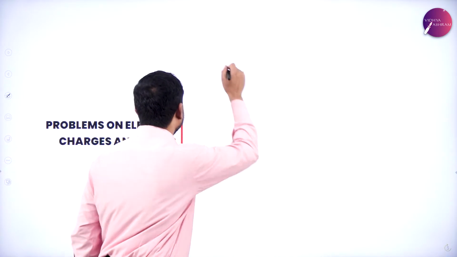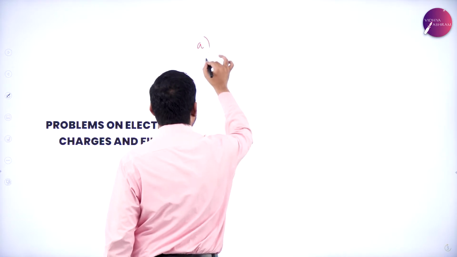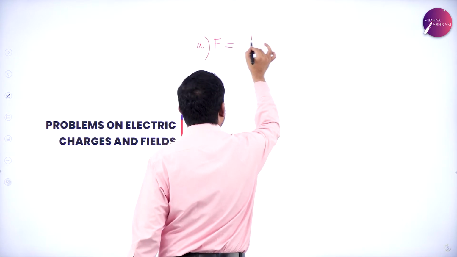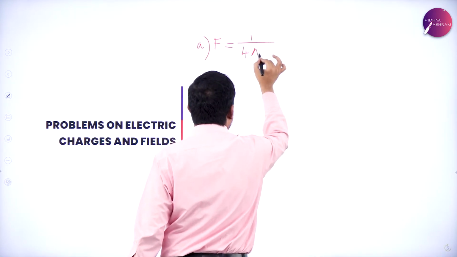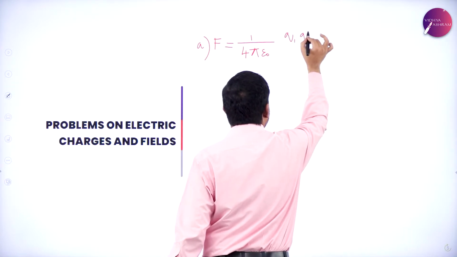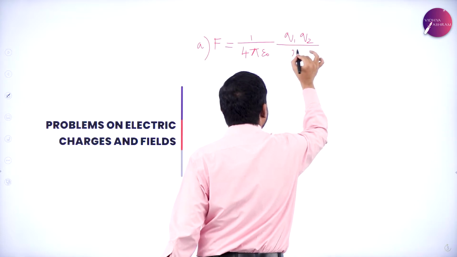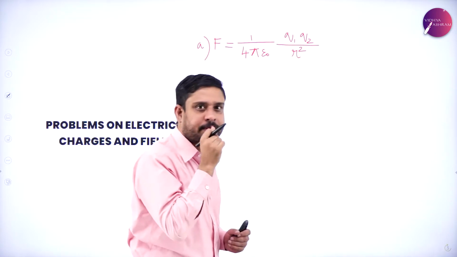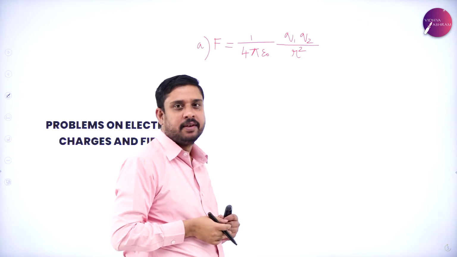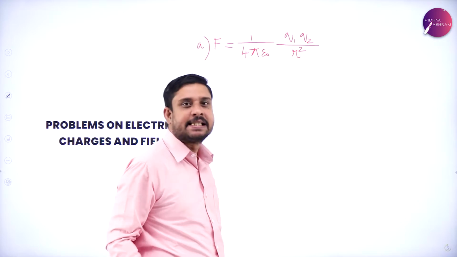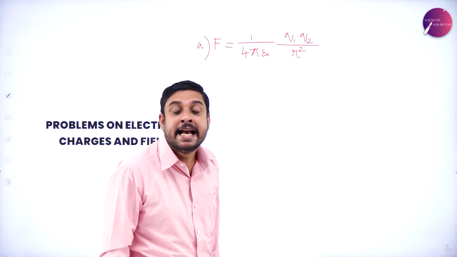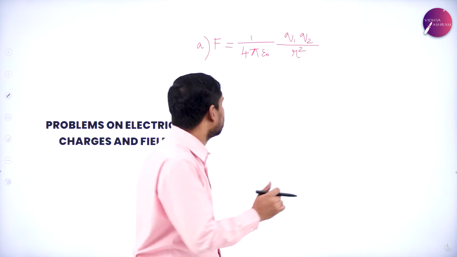So here, Coulomb's law says F equals 1 by 4 pi epsilon naught Q1 Q2 by R square. And the moment I write epsilon naught, it very clearly means the two charges are placed in air medium.